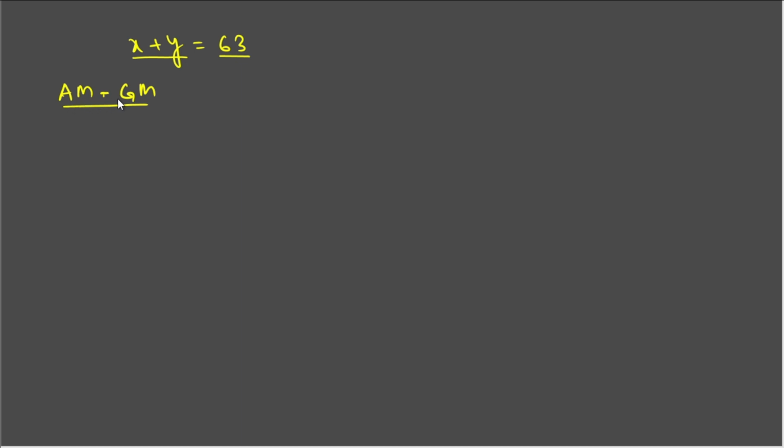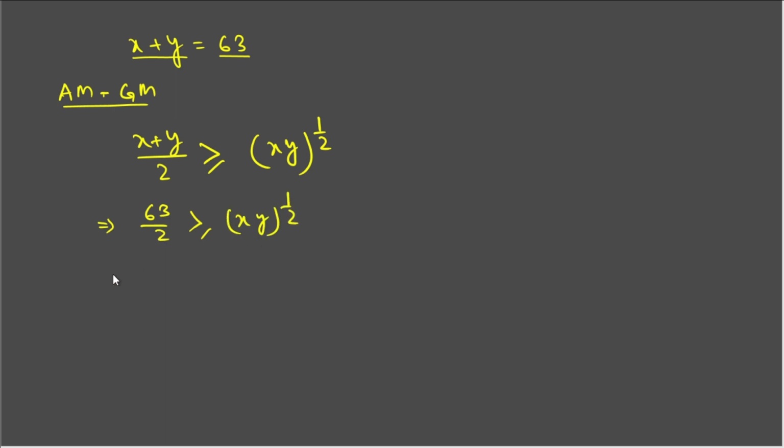Now according to AM and GM, here we have two terms, so the value of x plus y divided by 2 will be greater than or equal to the multiplication of xy raised to the power 1 by 2. Now here x plus y is 63, so 63 divided by 2 is greater than or equal to xy to the power 1 by 2.